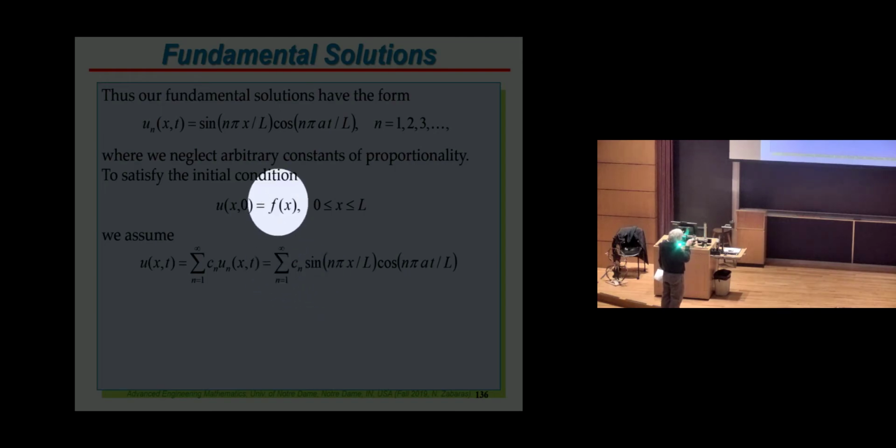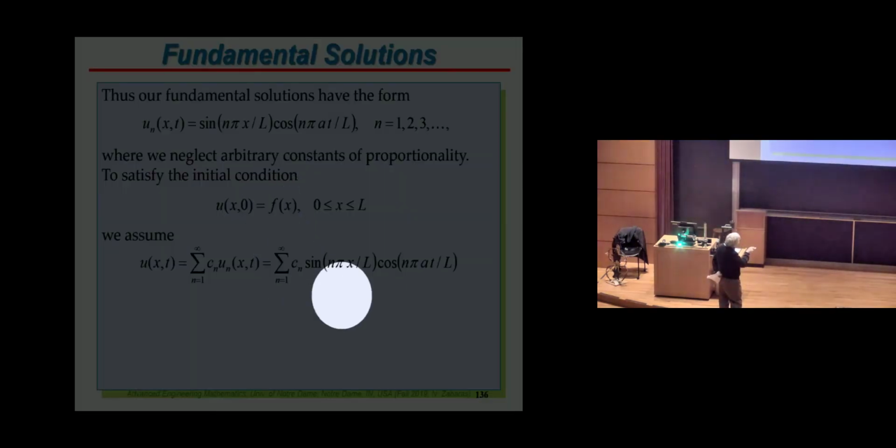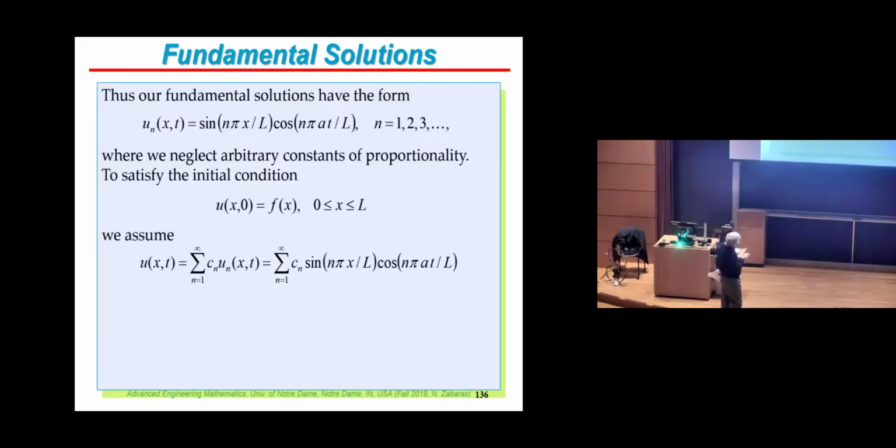So can you identify the coefficients Cn from f of x? What formula are you going to use? And at time 0, this becomes cosine of 0, which is 1. So can you identify Cn directly? What formula are you going to use?